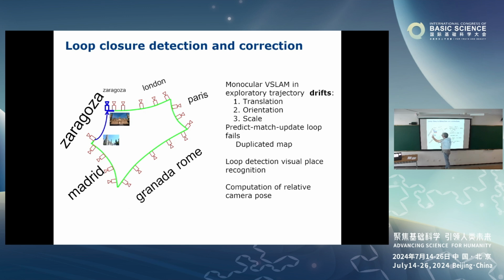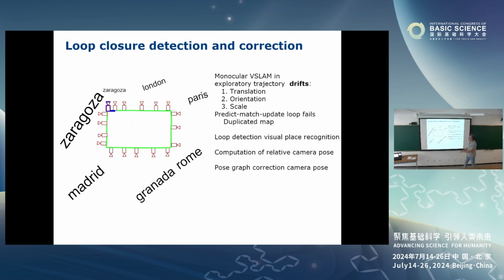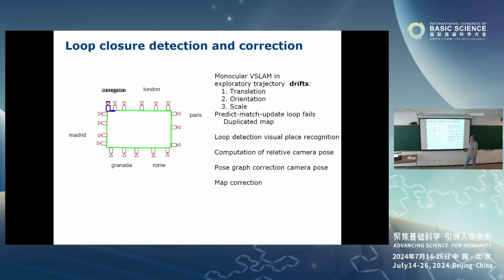So this camera, instead of being where it is, it should be here. Then we propagate this correction to the cameras, but we still have the map wrong. We propagate the correction to the map, but we still have duplicated features. And then finally, we correct the duplicated features, and we have the final map with the correction.